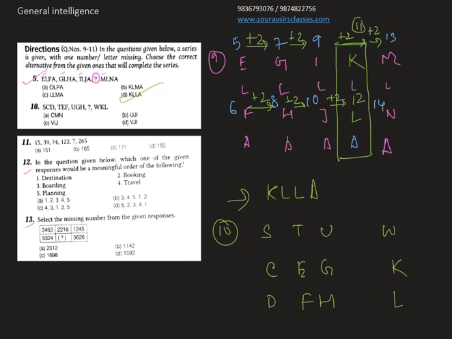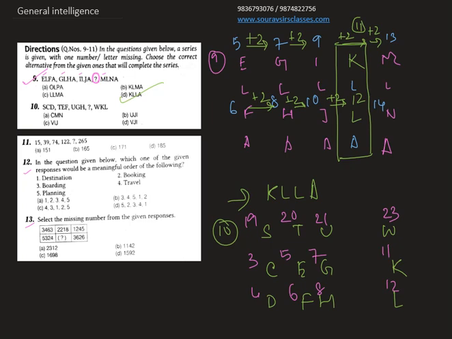Now we give numbers corresponding to each alphabet. So S is 19, T is 20, U is 21, and W is 23. C is 3, E is 5, G is 7, and K is 11. D is 4, F is 6, H is 8, and lastly L is 12.